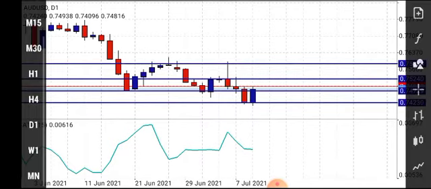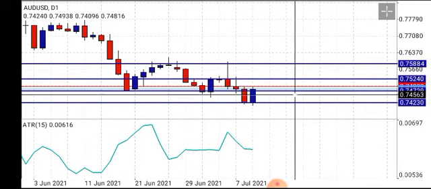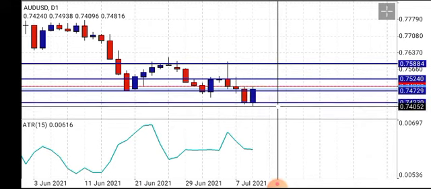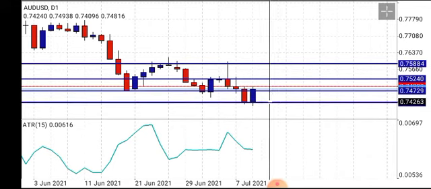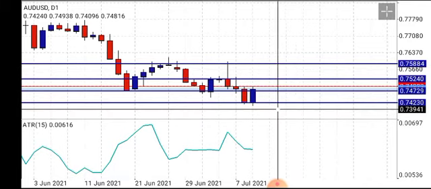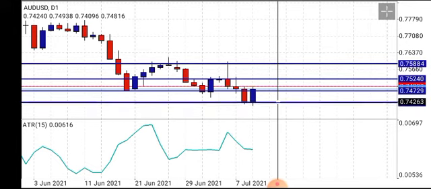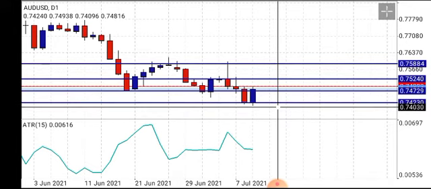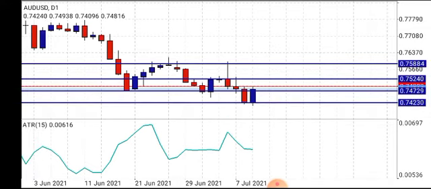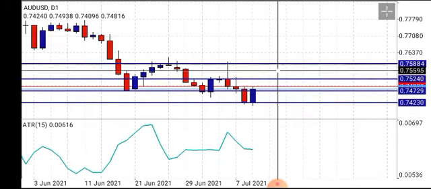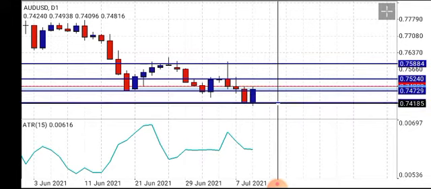And if I'm selling below this level, my first take profit target will be 0.74, a break below this support level. So I could set my take profit around this level, below this support level. That's my take on Australian dollar USD. You could consider buying above this level, or selling below this level.